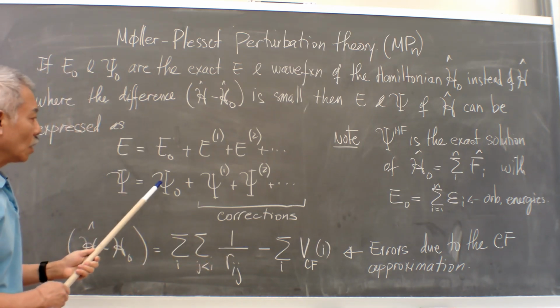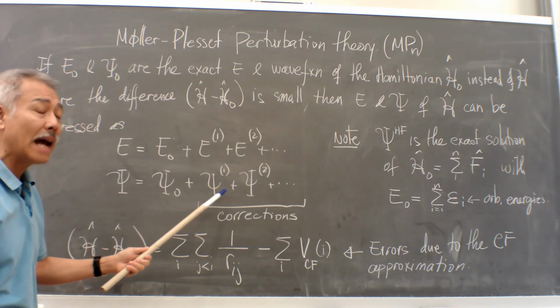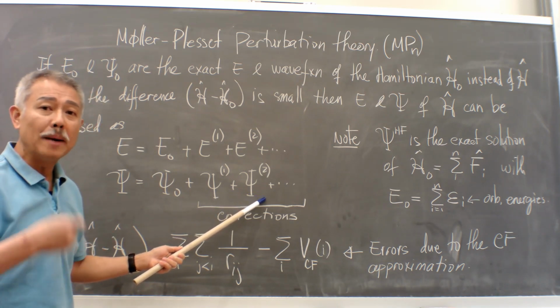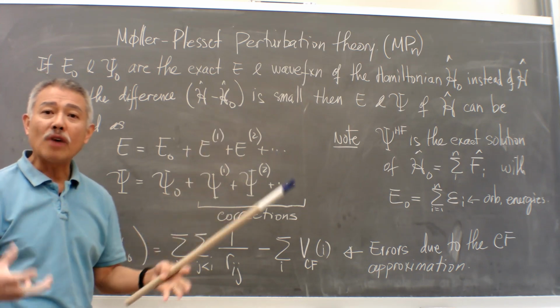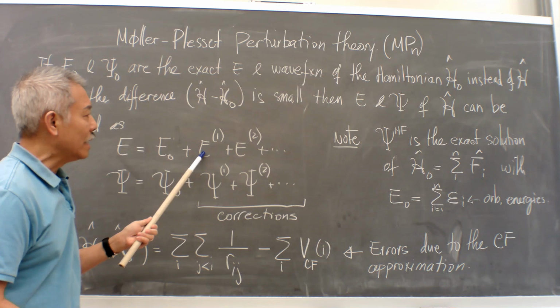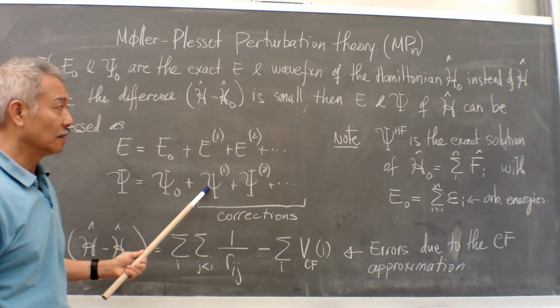The wave function is also psi0 plus different orders of corrections. Perturbation theory provides a framework for calculating these corrections to the energy and the wave function.